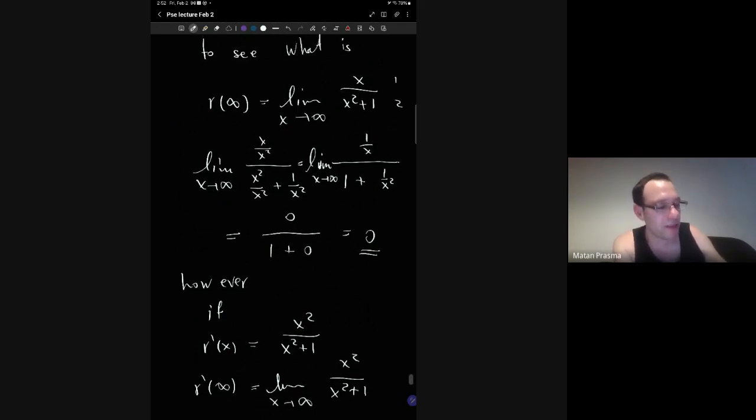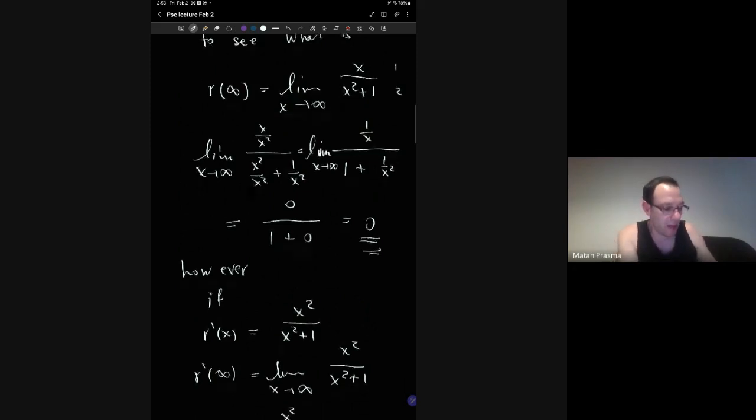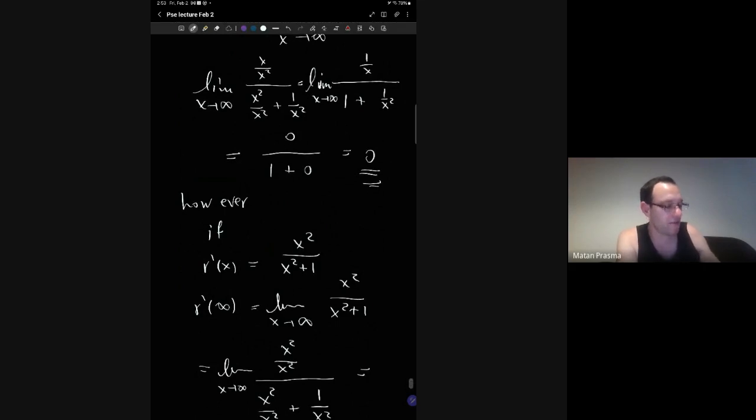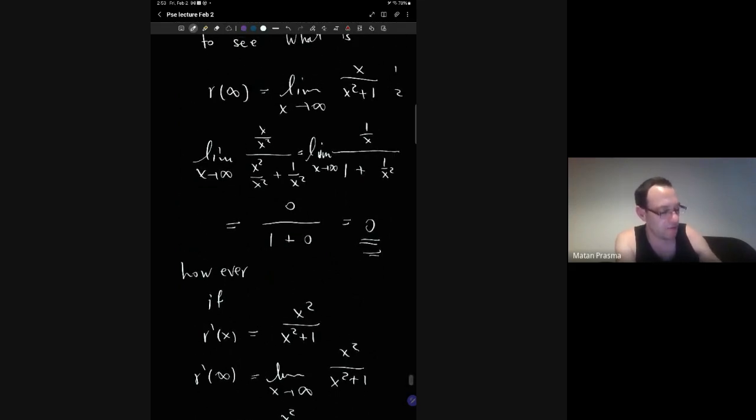This is not a proof, but I think you can understand it intuitively, right? Once I divide by the highest degree monomial, I will always get 0 at the limit. On the other hand, of course, if the degree of the numerator was bigger than the degree of the denominator, then when I take x to infinity, I get infinity, right?